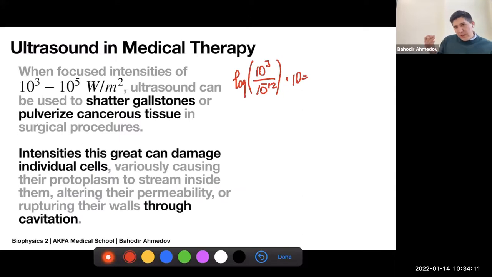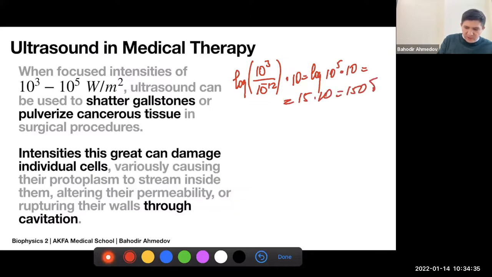So 10 to the power of 3 divided by 10 to the power of minus 12 is going to give you 10 to the power of plus 15, right? So the logarithm of base 10 is just 15. So it's log of 10 to the power of 15 multiplied by 10, which is simply 15 multiplied by 10. It's going to be 150 decibels.